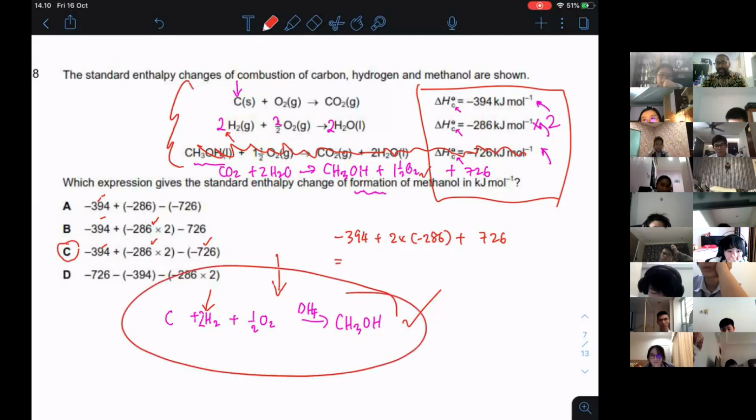It means we are using whatever we have so that we get this 1 mole of CH3OH. You do not need to worry about oxygen, because in the end, when you rearrange the equations, you are going to get this.